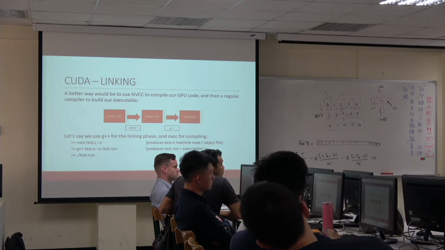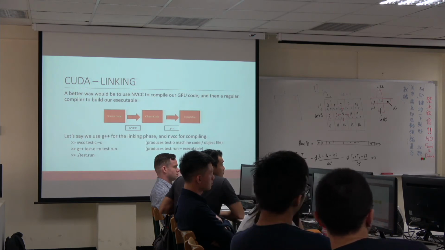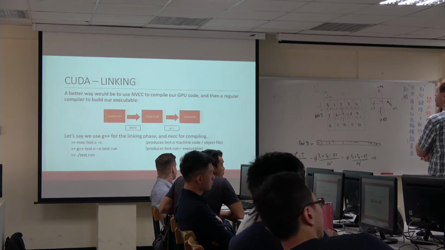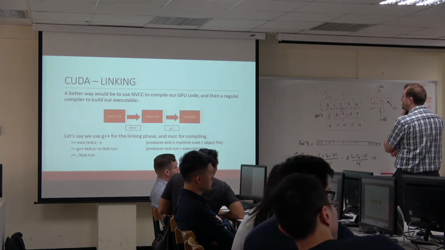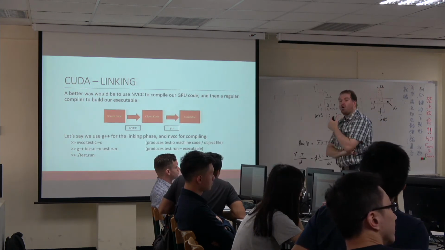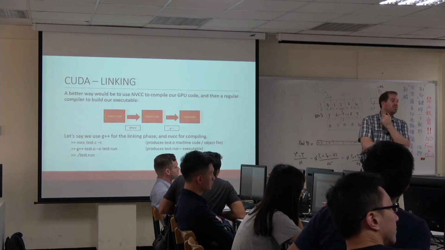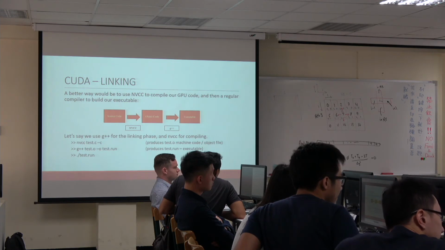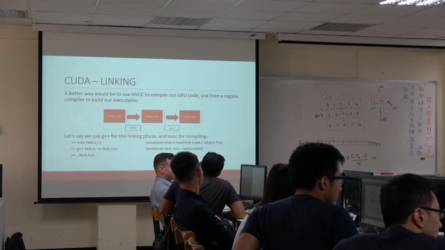So this is two distinct steps. There's a reason I taught you these steps, because we're going to use NVCC to take our source code and create an object. Then we're going to use G++ to take our object and create an executable. Two unique steps. Never ever do the same step using a single compiler. We're going to presume that G++ is a stronger compiler than NVCC, and most of the time it will be.